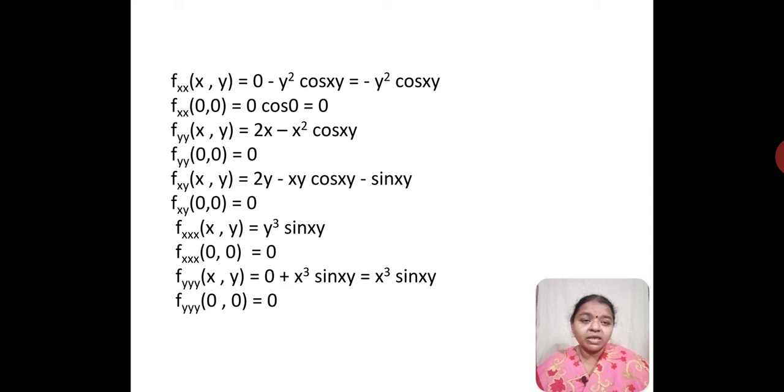So you have minus x square into differential of cos, which is minus sin xy into x. So again when I multiply both minus signs, it becomes plus x square into x is x cube sin xy. So again when I put the values of x and y as 0, the entire term becomes 0.